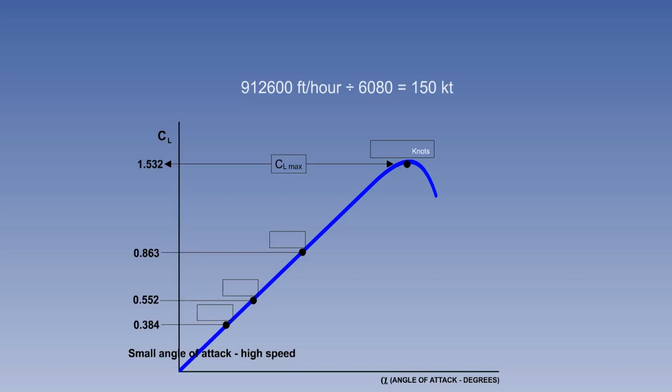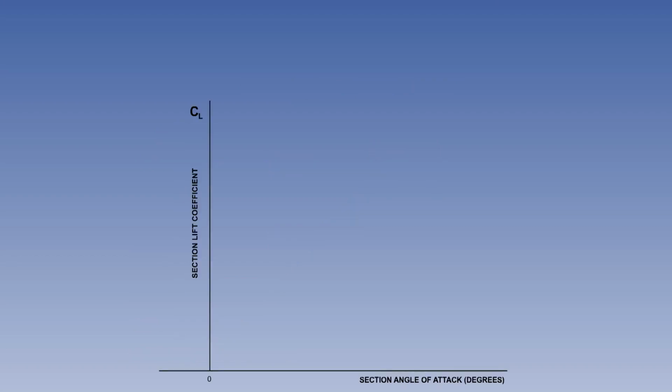This method can be used to ascertain the speed that applies to any CL or angle of attack, with a reduction of CL and angle of attack giving a higher speed. Aerofoils of differing sections and thicknesses will produce different lift curves. A symmetrical section of 12% thickness will give a curve that starts from 0 on both axes.